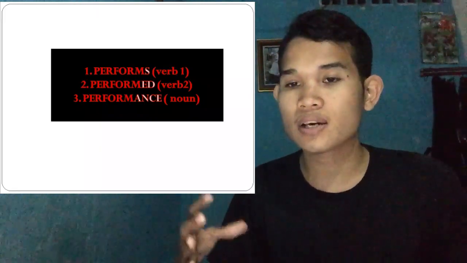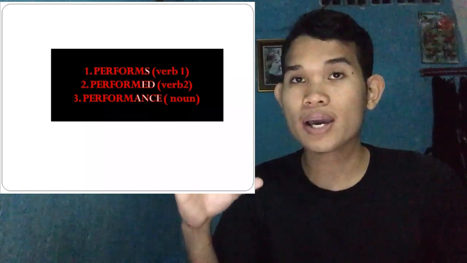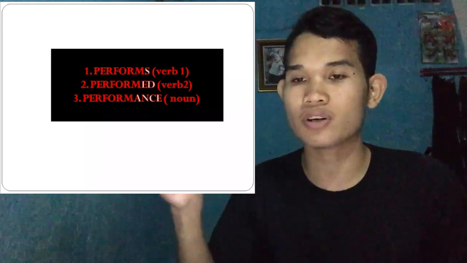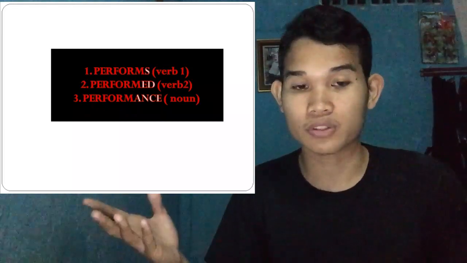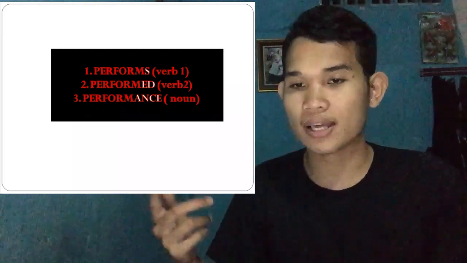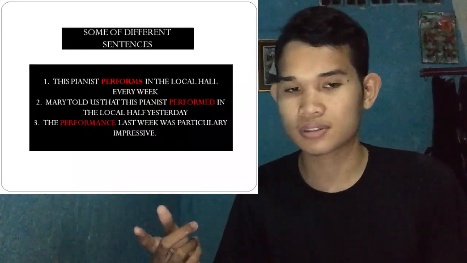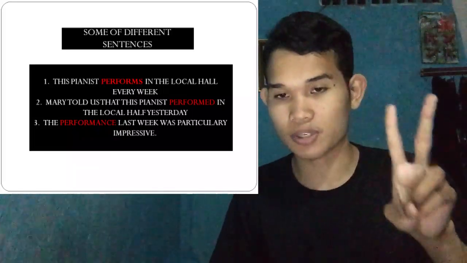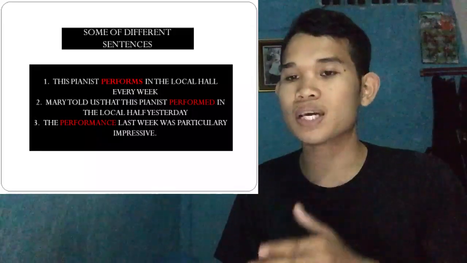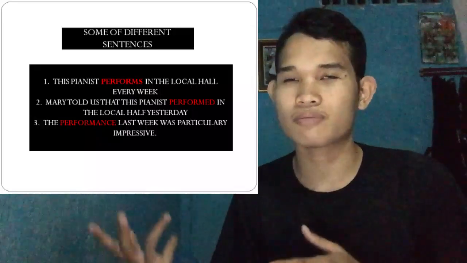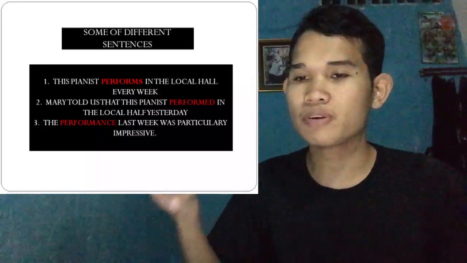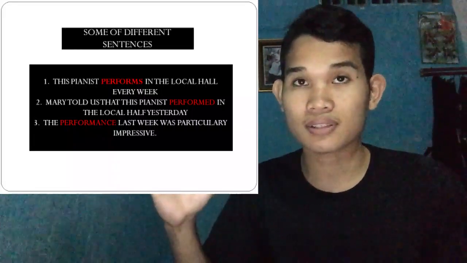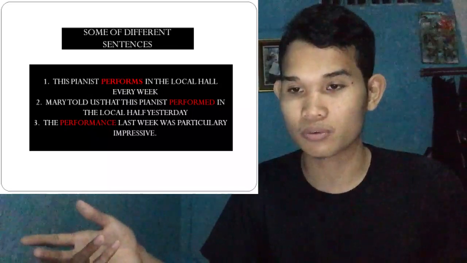And the second one is performed. Why do they put performed there? Because performed, with ed, is verb 2. If we look back at sentence number 2, Mary told us that this pianist performed in the local hall yesterday. The word performed, with ed, is past tense, which is verb 2.